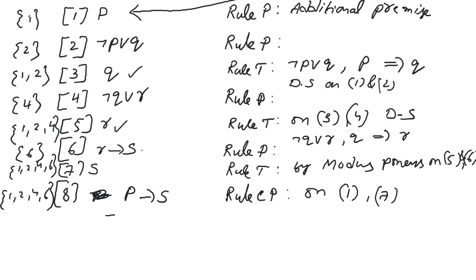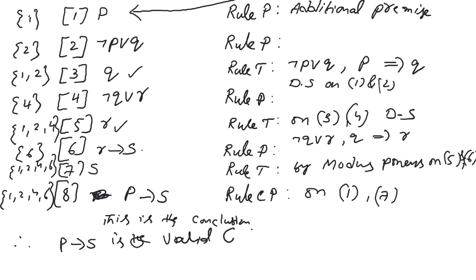So that means this is our conclusion. Therefore, P conditional S is the valid conclusion drawn from the given premises.